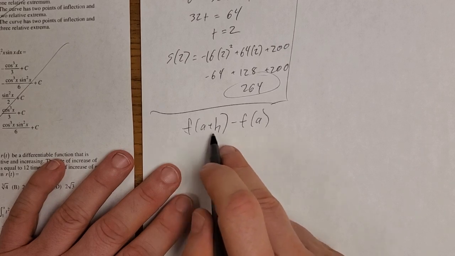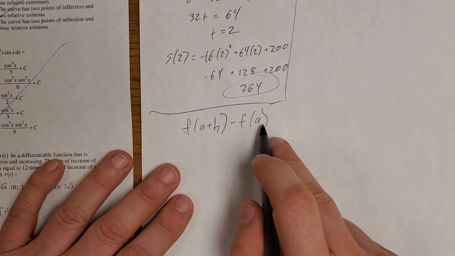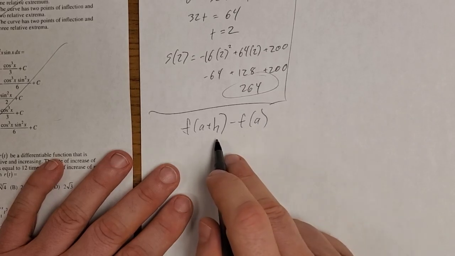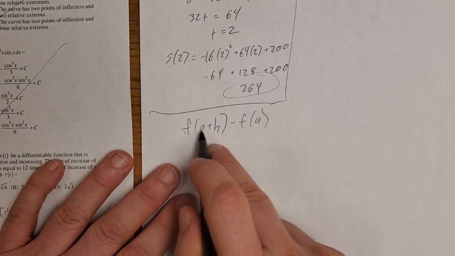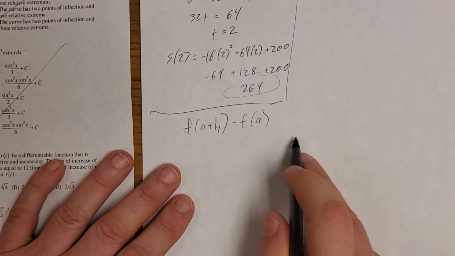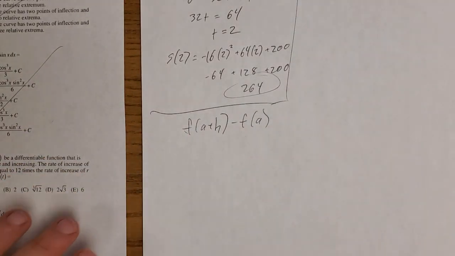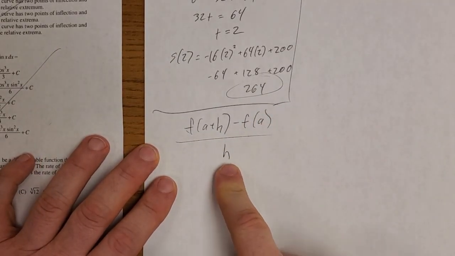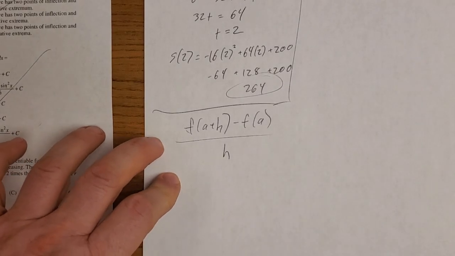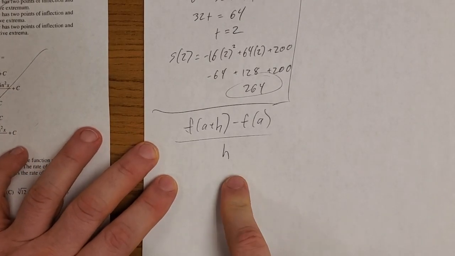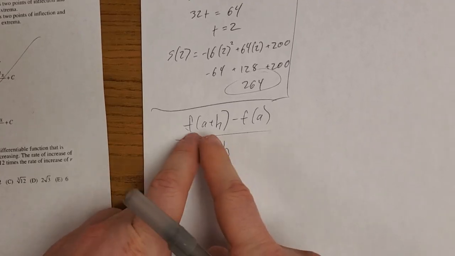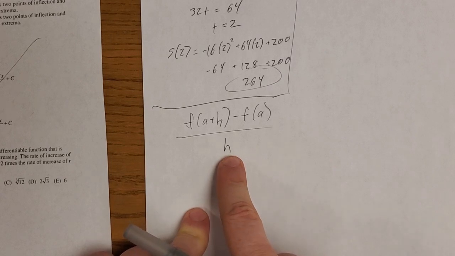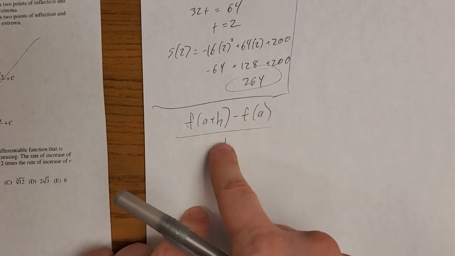So if a was 5 and h was 0.1, then the function at 5.1 minus the function at 5. So it's just a little bit of difference, and then divided by that actual difference. So it's kind of like finding the slope. It's kind of a fancy notation of finding the slope, because the difference between the x value here is the h, and then you're dividing by h.